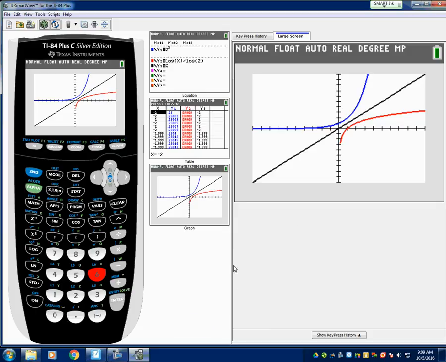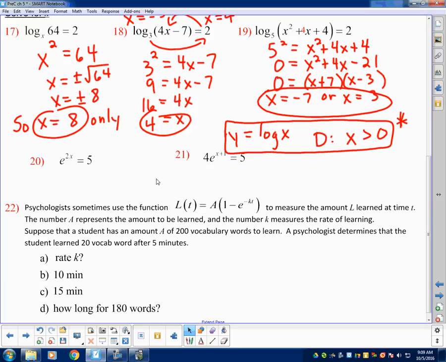Okay. So, since exponential and logarithmic functions are inverses of each other, the method that we use for solving something like number 20 here is anytime you want to bring the variable power down, you take the ln of each side. So this would be ln of e to the 2x equals ln of 5. And what happens when you take ln of e?